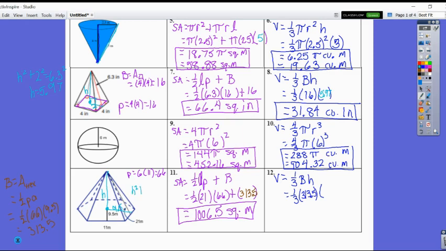So h squared plus 9.5 squared equals 21 squared. Go ahead and solve that Pythagorean theorem problem. We are talking about a height of 18.73.